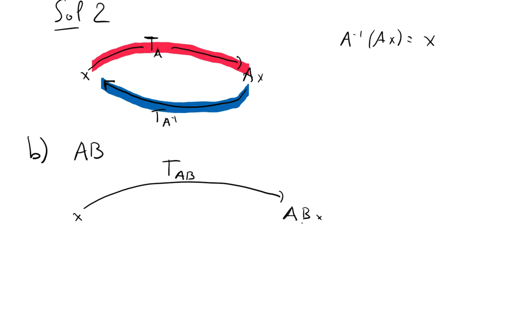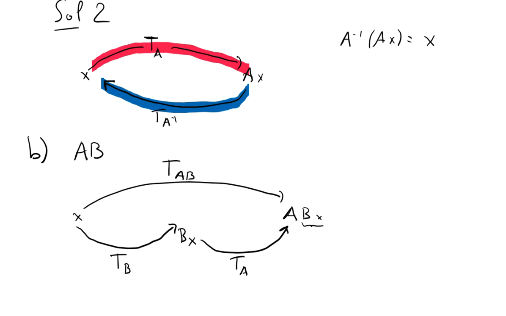The first thing that acts on X is B. So one way to look at this transformation is that it's a composition of two transformations. First you do the transformation with standard matrix B, and this way you get BX. And then you apply the linear transformation with standard matrix A and you get ABX.